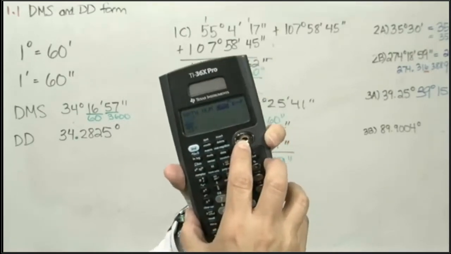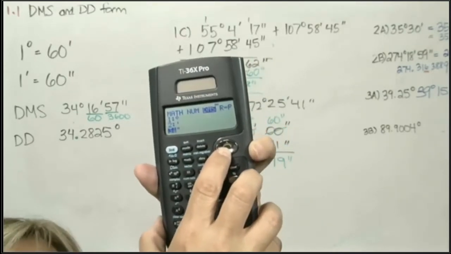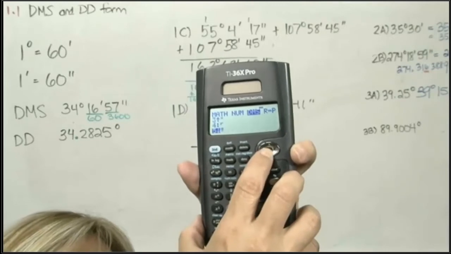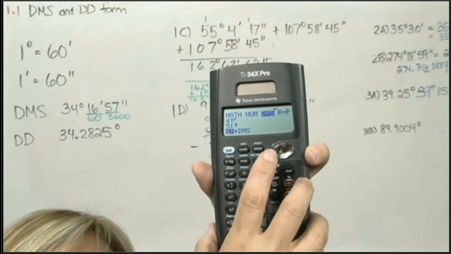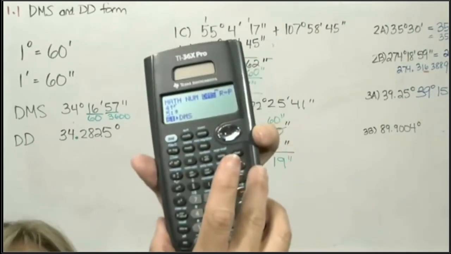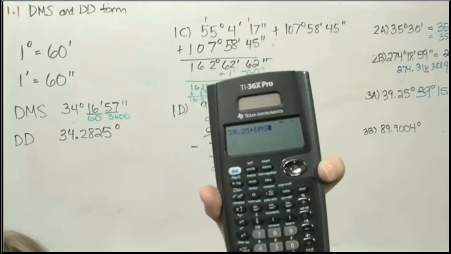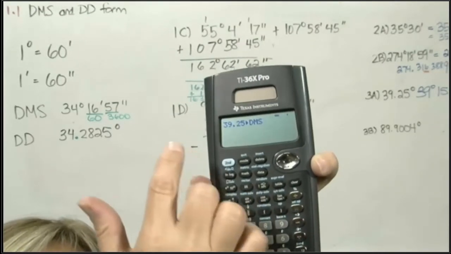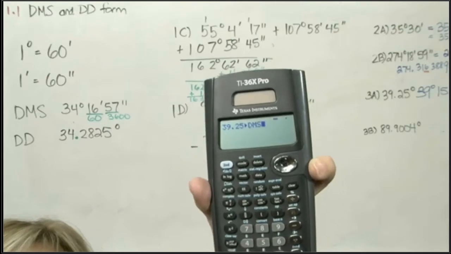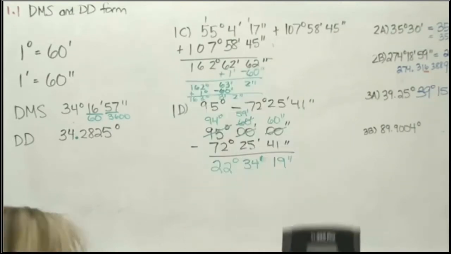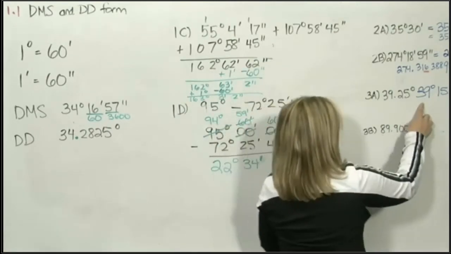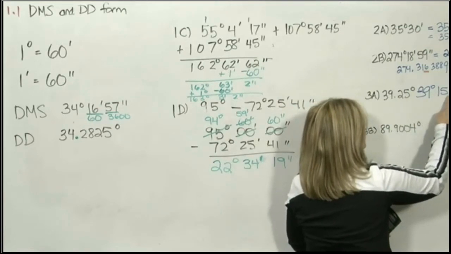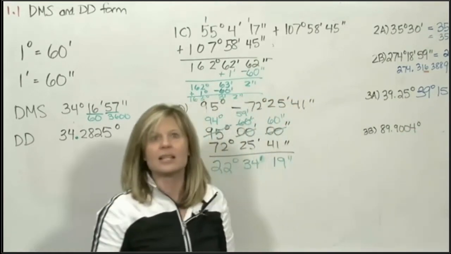So I'm going to arrow down once, twice, 3 times. There it is. It's in spot 6. You see the word DMS? Hit enter. So again, it puts the decimal and the DMS on the screen. Now hit enter again, and you get out the same thing: 39 degrees, 15 minutes, 0 seconds. See how easy that is?